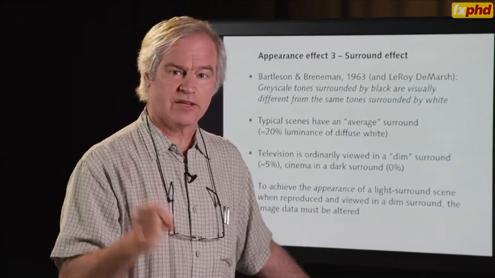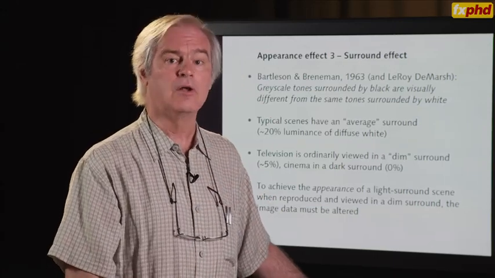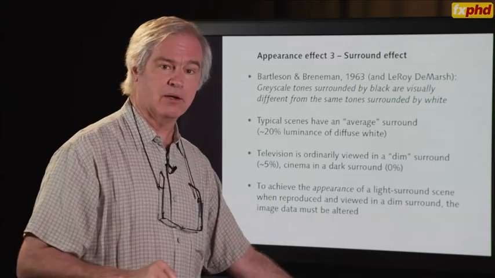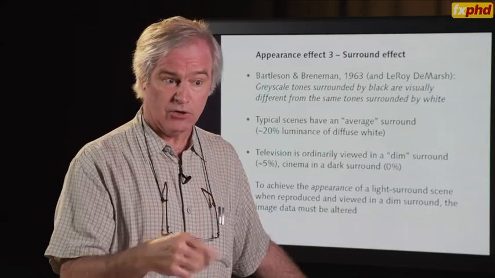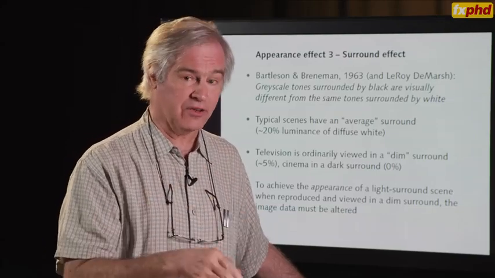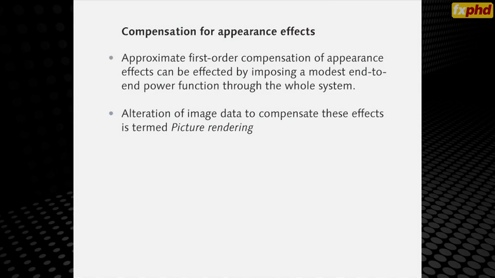The Stevens effect, contrast decreases as luminance decreases. And if you like, the Bartleson-Brenneman effect, that a black surround will suck contrast out of the picture. We need to restore that contrast. The obvious question now is, how do we compensate for those effects?